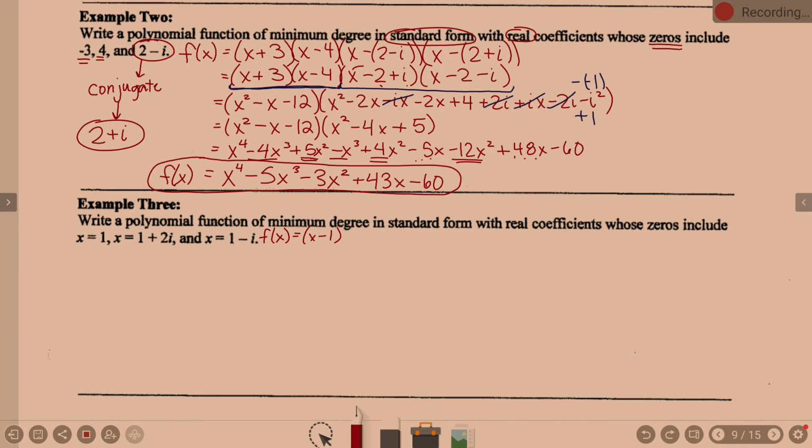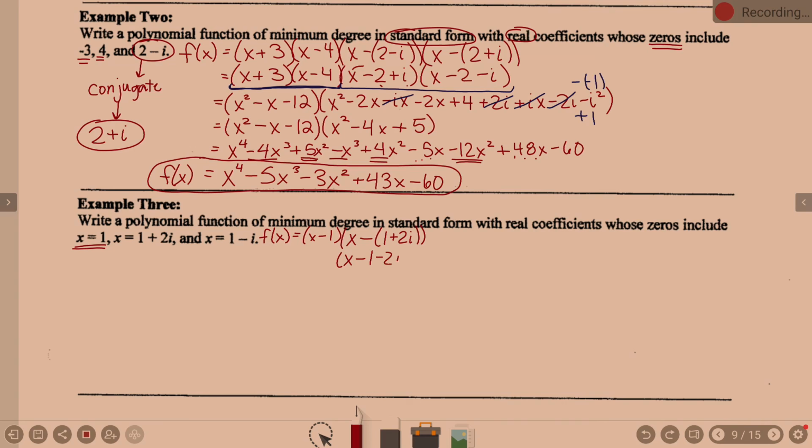I didn't see the plus 2i. So there's a single x minus 1 to represent x equals 1. No adding an extra in there. Now, the 1 plus 2i, I'm going to say x minus, in parentheses, 1 plus 2i. In my next line, though, I will say that that is x minus 1 minus 2i.